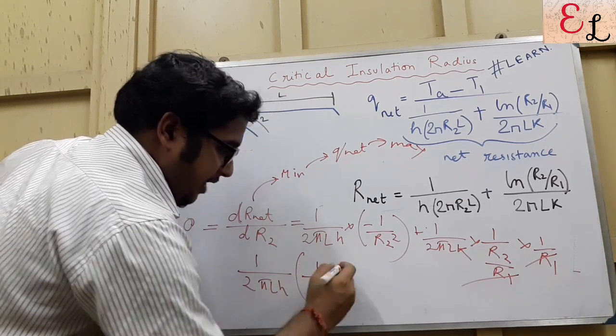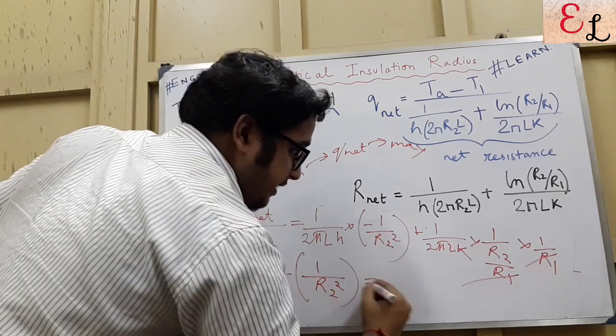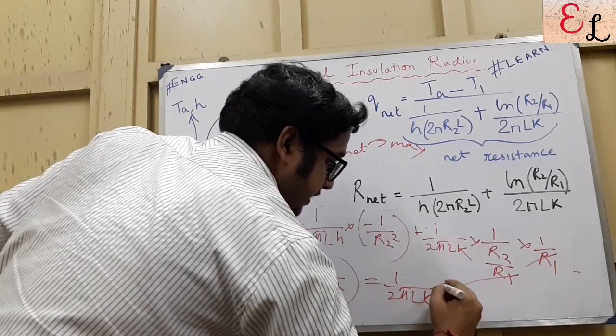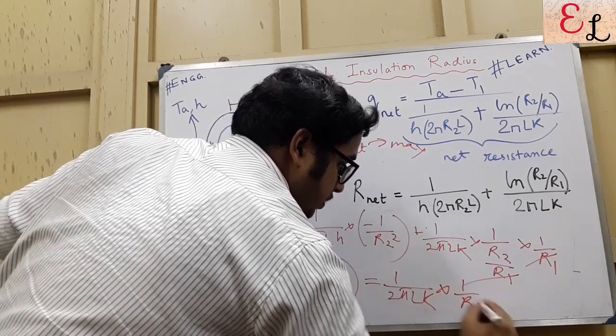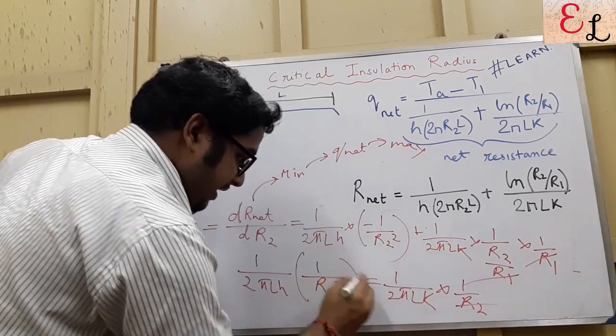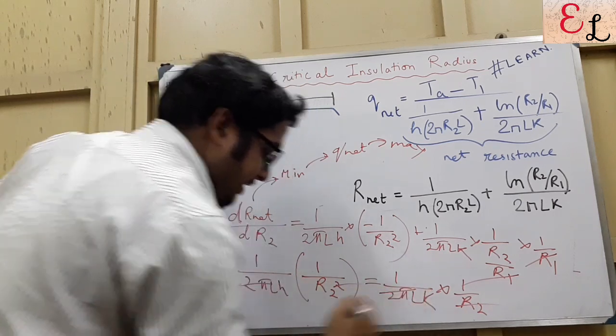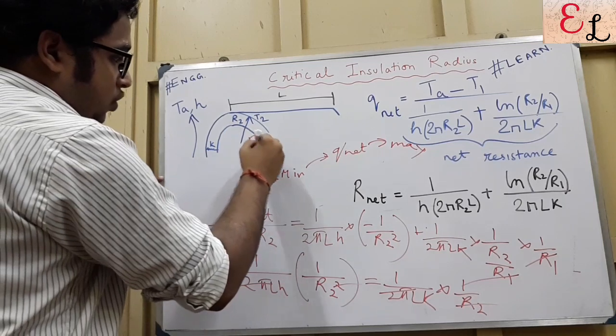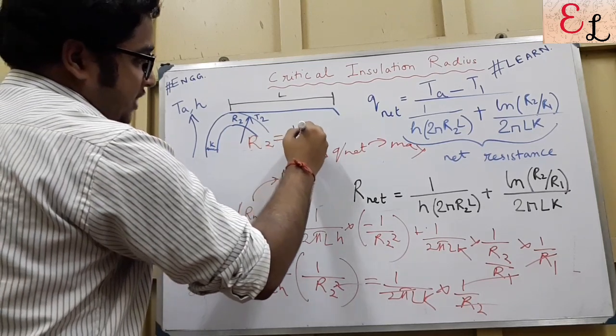The minus will not be there because we are taking it to this side, and it equals 1 by 2 pi L K into 1 by R2. R2 square cancels, 2 pi L cancels, and we finally get R2 equals H by K.